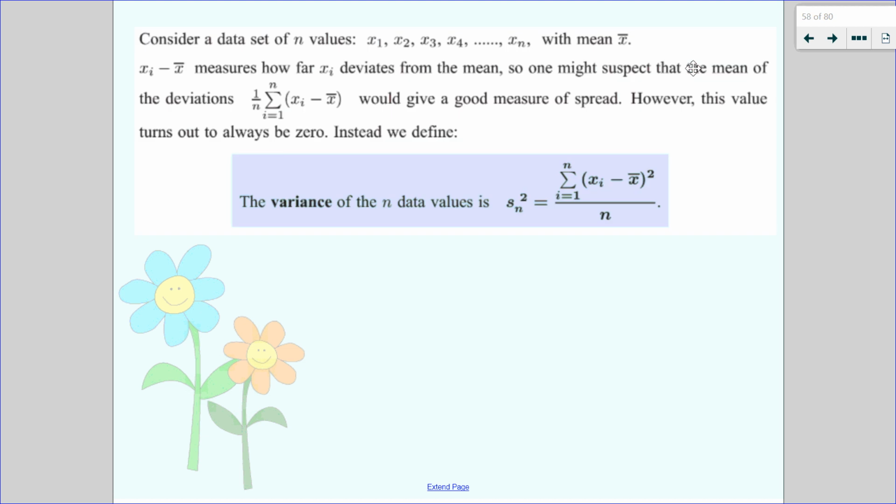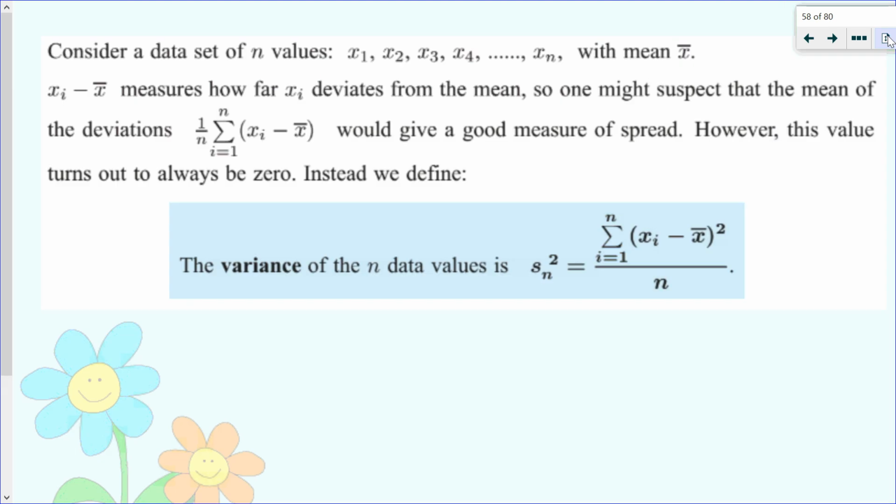This is the formula for variance. I'm going to zoom in on this a little bit and explain what all these values and symbols mean because they are kind of confusing. X bar, X with a line over it, means mean. That's a value you're very comfortable with.